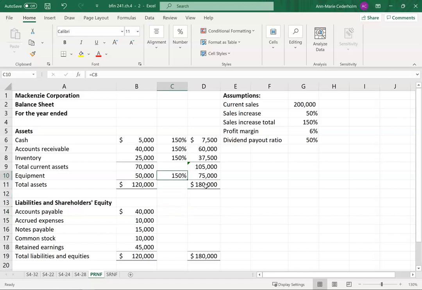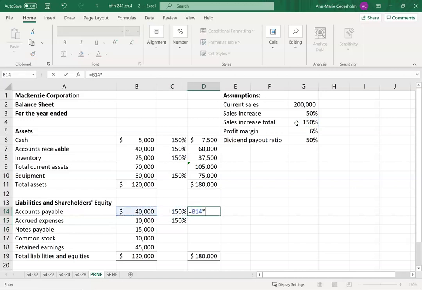So my accounts payable is going to increase by 150%, and my accrued expenses are going to increase by 150%. So I'll take 40,000 times 150% to get 60, and 10,000 times 150% to get 15,000.